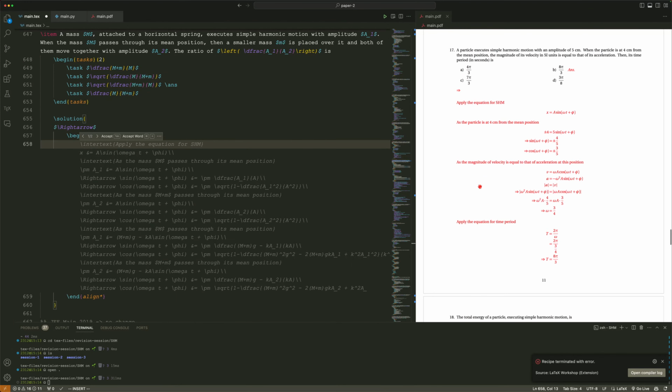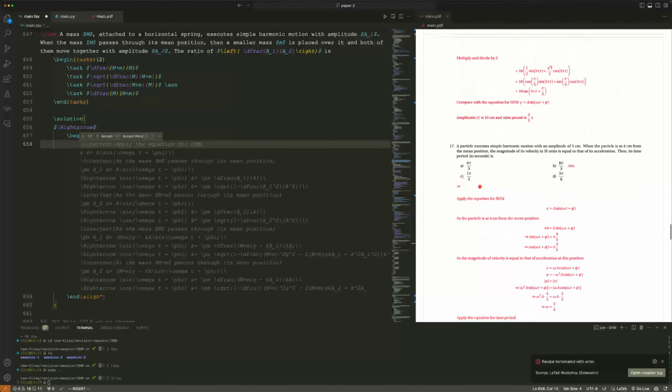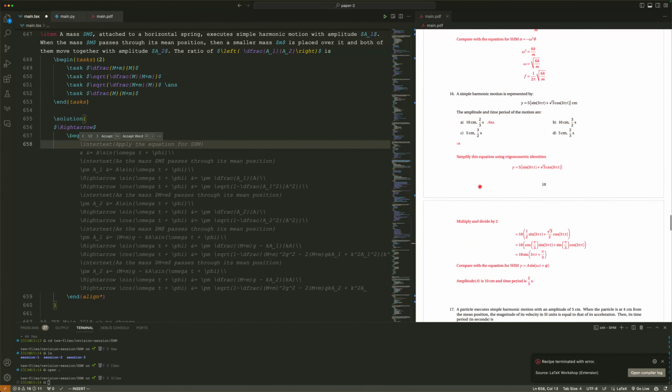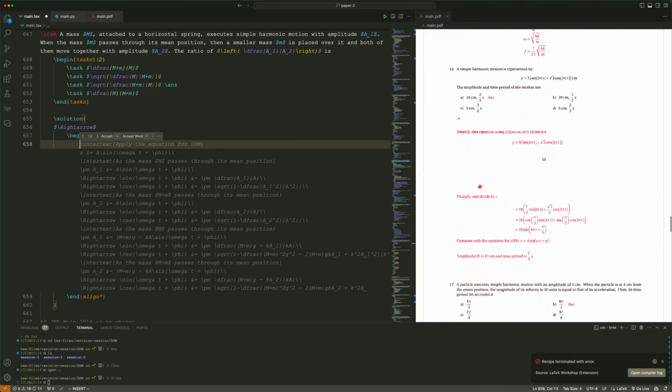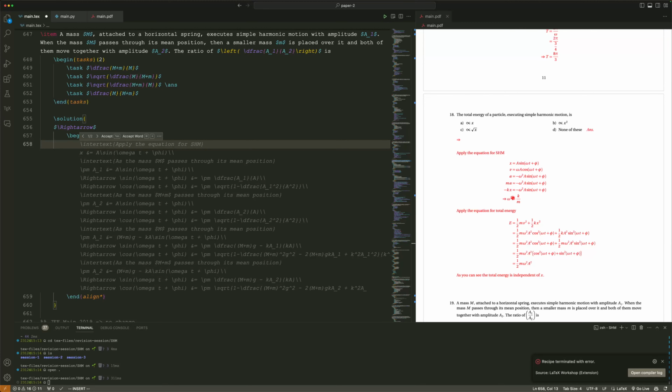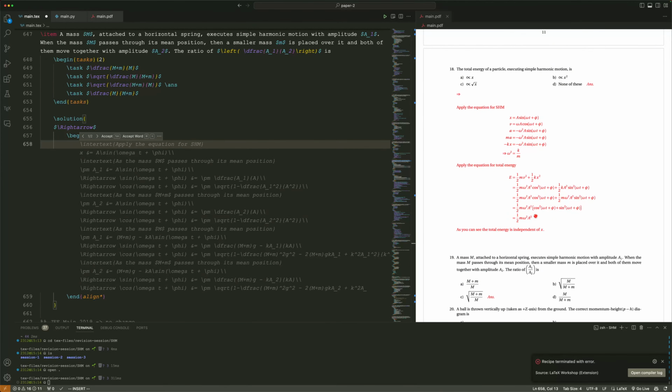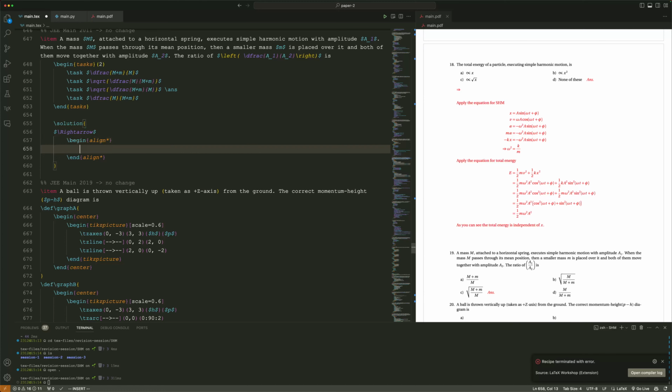Where is it? What is the purpose of that omega? As you can see in the previous question, we have omega square equal to k by m, and we can use this equation in this part. So let's continue. So intertext.